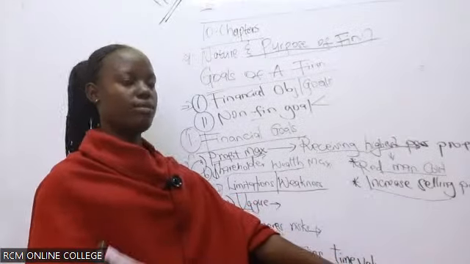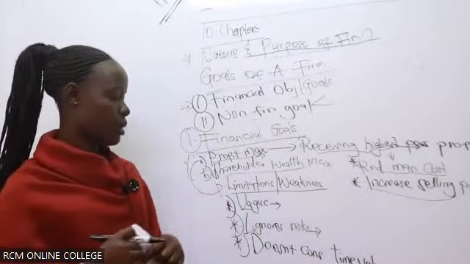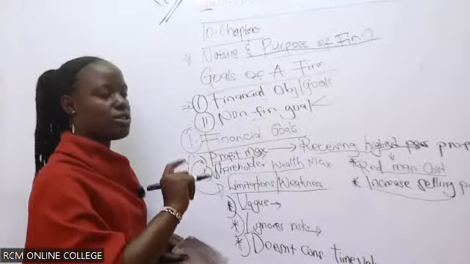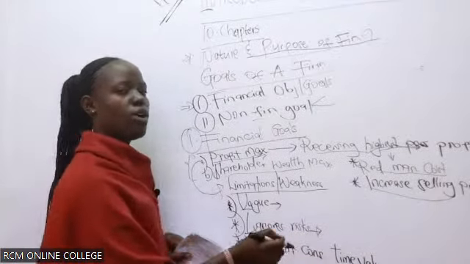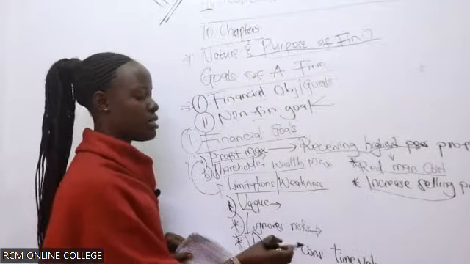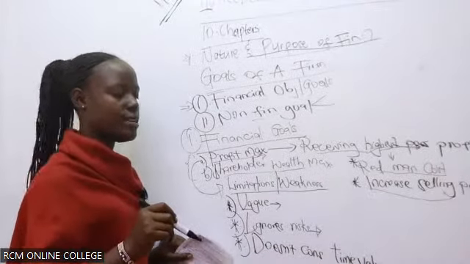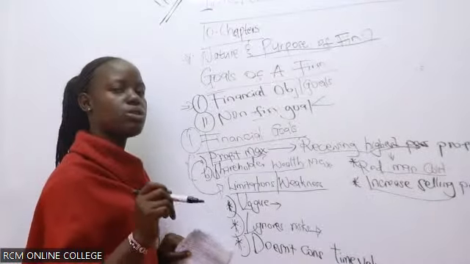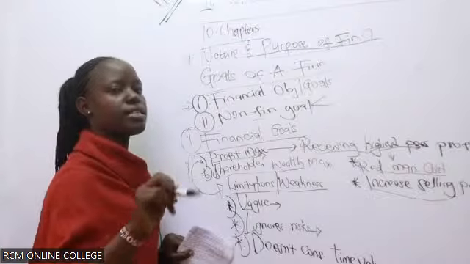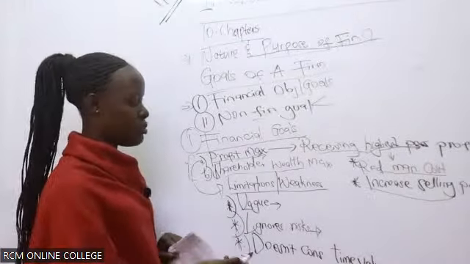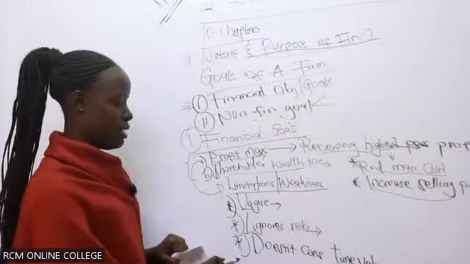The value of a shilling today might not be the same as the value of the same shilling tomorrow. But profit maximization as a goal does not consider this time value of money. It does not consider whether purchasing a good today will be different from purchasing the same good at the same price tomorrow.